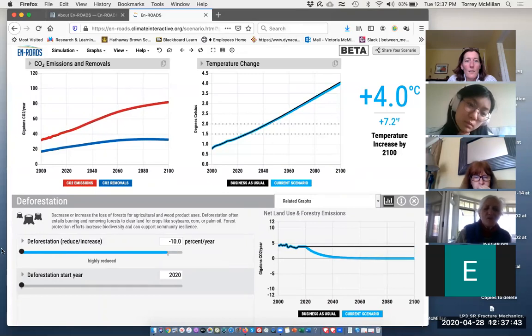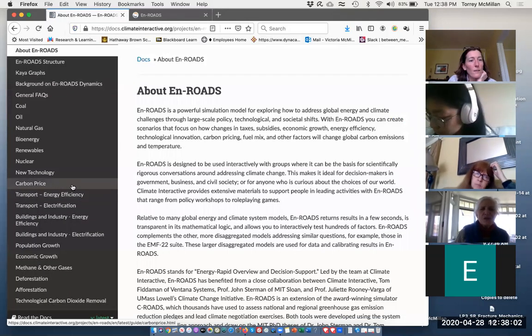Isn't this referring to South America and places where forests are being cut down for making, I don't know, cow pastures or something?